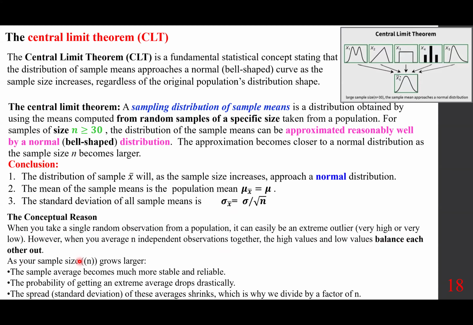As your sample size n grows larger, the sample average becomes much more stable and reliable. The probability of getting an extreme average drops drastically. The spread, or standard deviation, of these averages shrinks, which is why we divide by a factor of square root of n.